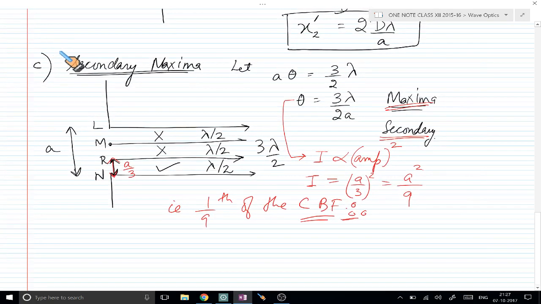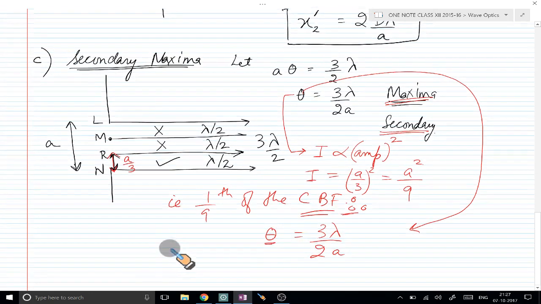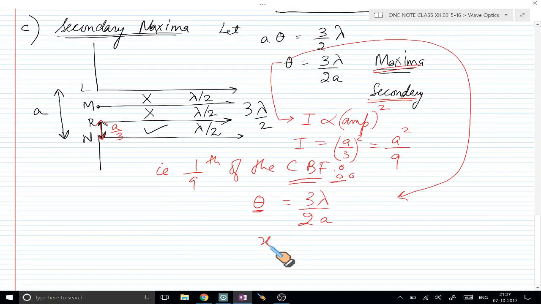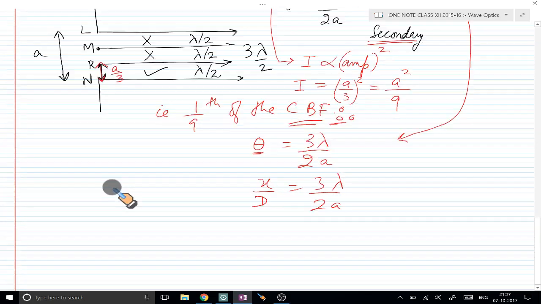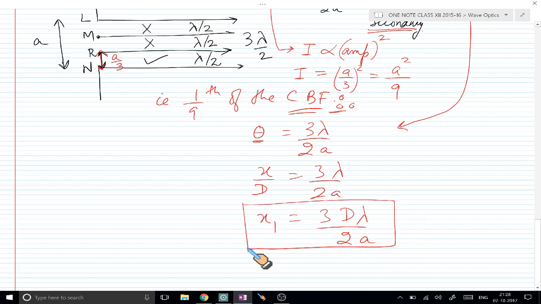Now as this theta is 3 lambda by 2a, this theta can be written as x by capital D is 3 lambda by 2a. This x is 3D lambda upon 2a. This is the first bright fringe.